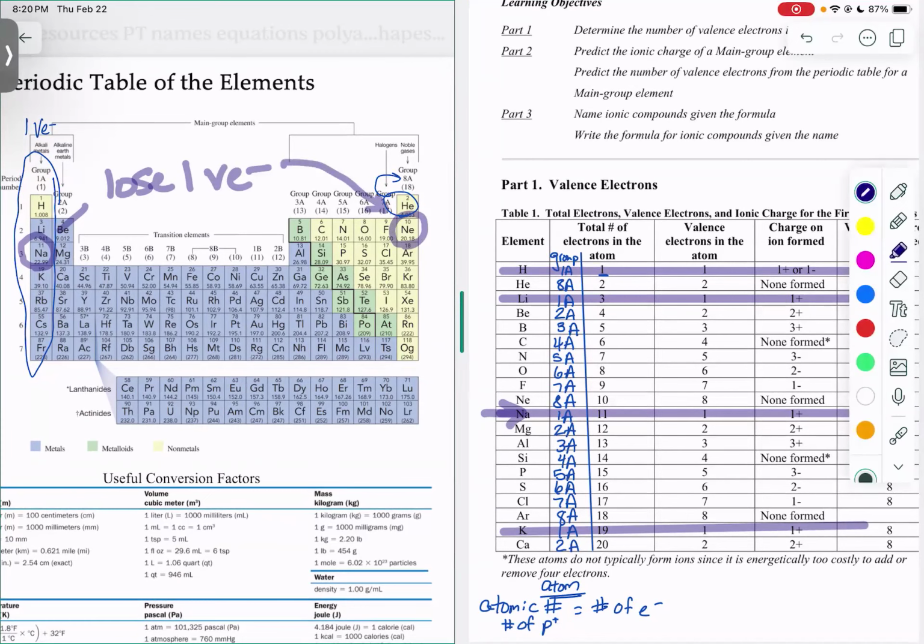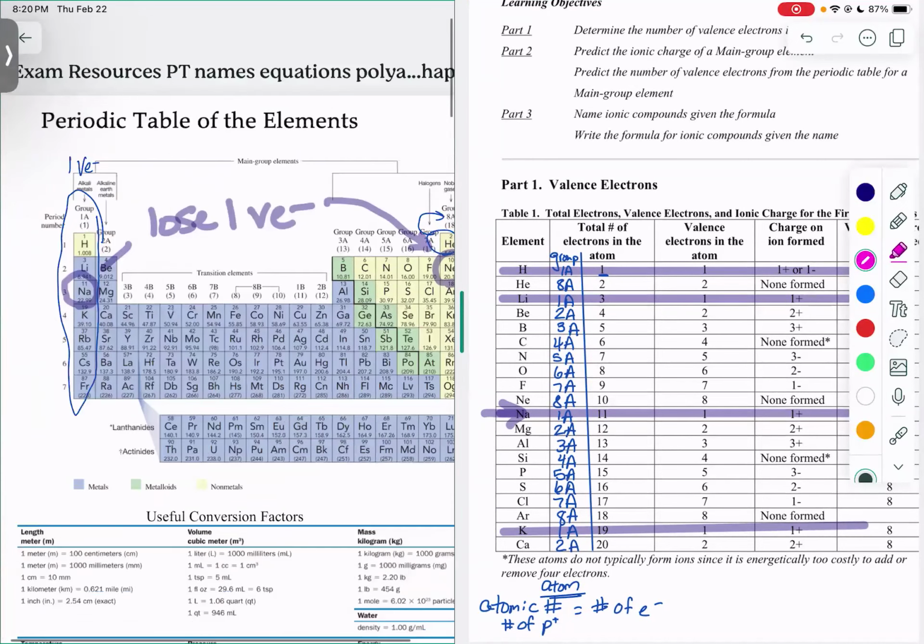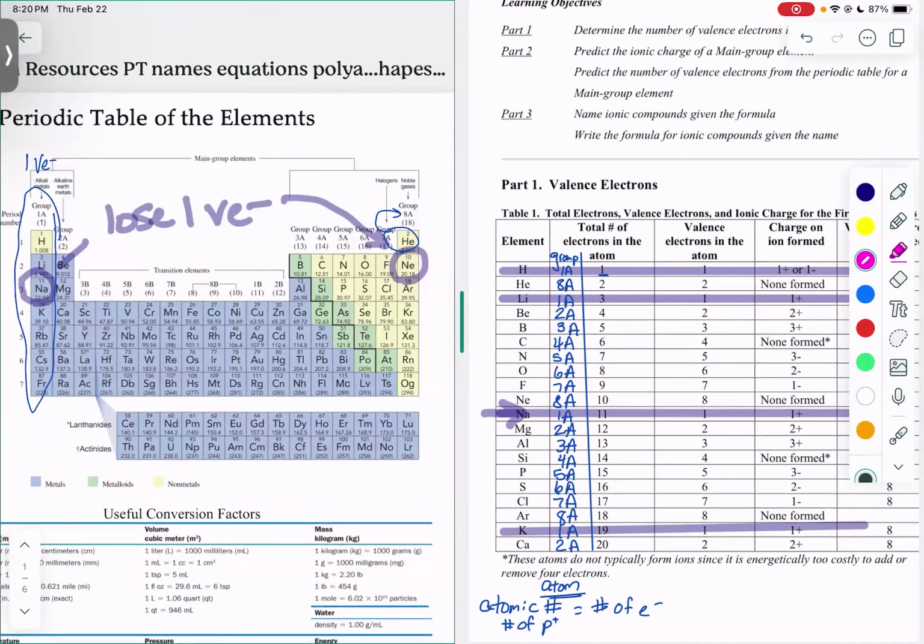Or, on the other hand, let's see how many sodium would have to gain: 1, 2, 3, 4, 5, 6, 7. It would have to gain 7 to look like argon.